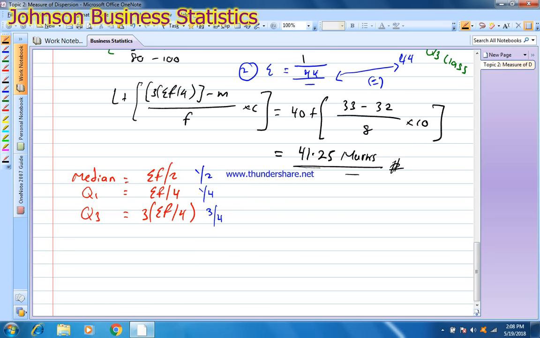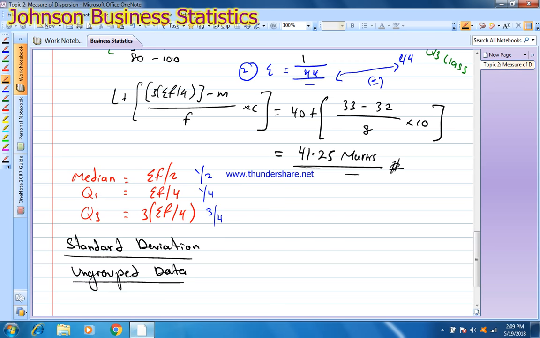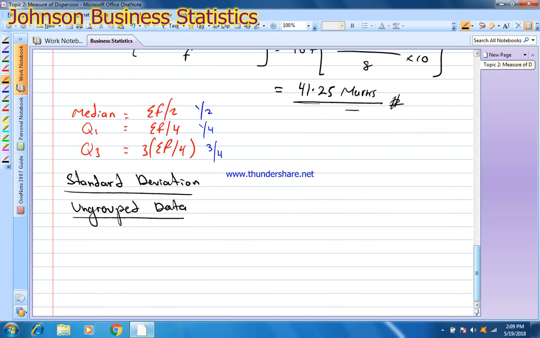Okay, next we have the important formula here, which is the standard deviation for ungrouped data.